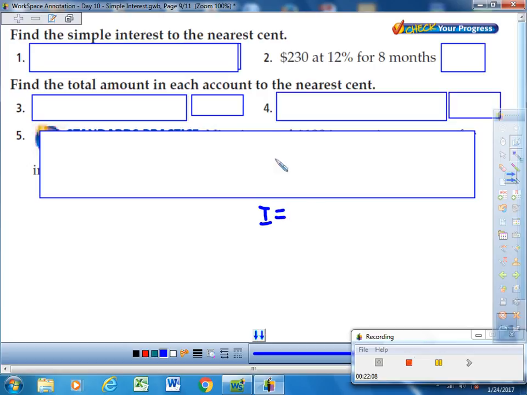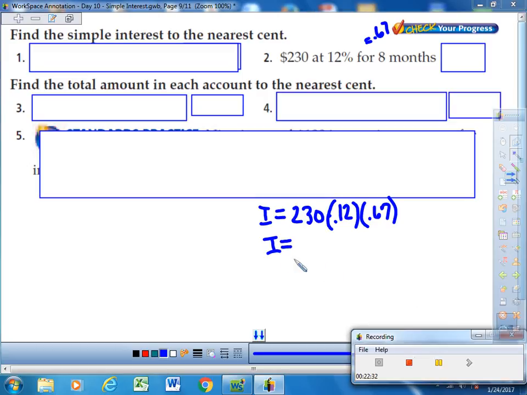All right, so my interest for number 2 is $230 times 0.12, and then we already calculated 8 months before, and that was 0.67. So my I equals 18.492.